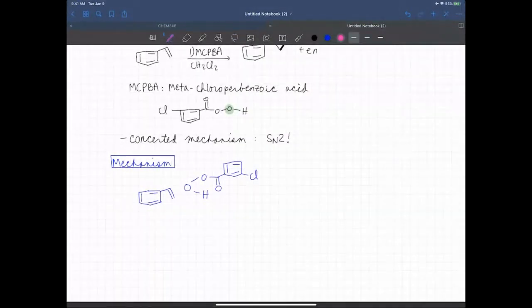The alkene is gonna attack the alcohol. Sorry, not the alcohol, the oxygen, right? And then this bond is gonna be broken.